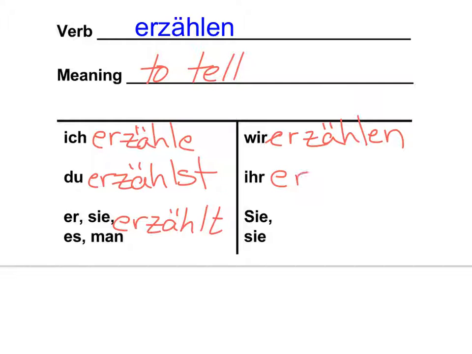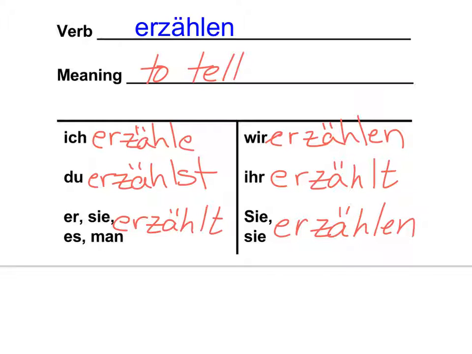Same as the er form. Everybody try that one. Ihr erzählt. Again. Ihr erzählt. And Sie? Erzählen. Good. Try that one. Sie erzählen. Alright. Good.